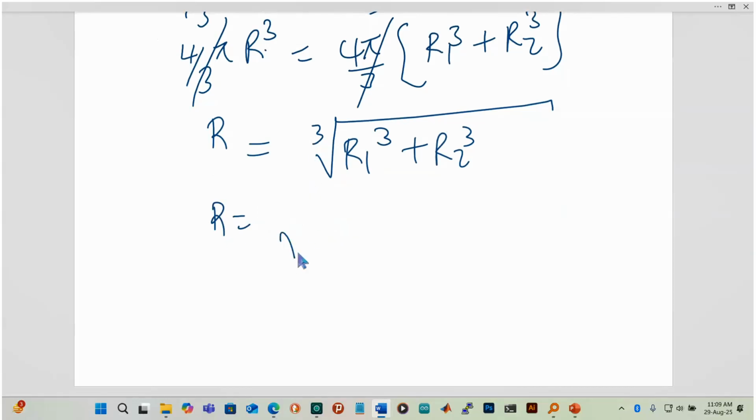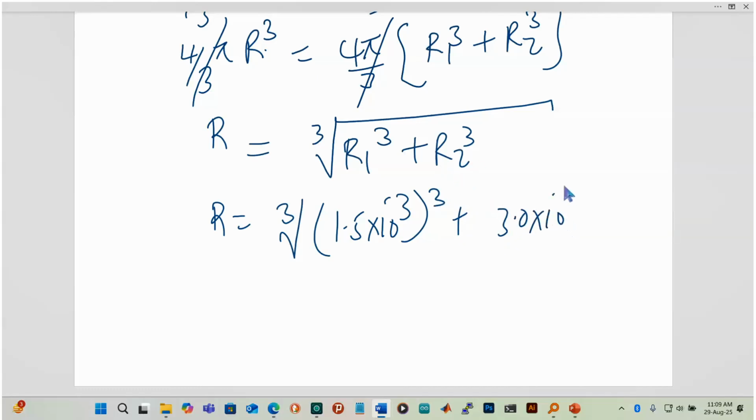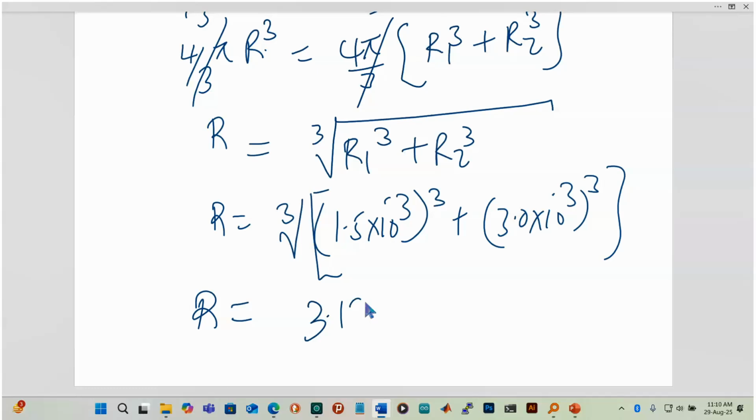So r will be the cube root of 1.5 times 10 to the power negative 3, cubed, plus the other radius, 3.0 times 10 to the power negative 3, cubed, and then finally take the cube root. From my calculator, I find that r is 3.120 millimeters, so this is 3.12 times 10 to the power negative 3 meters.